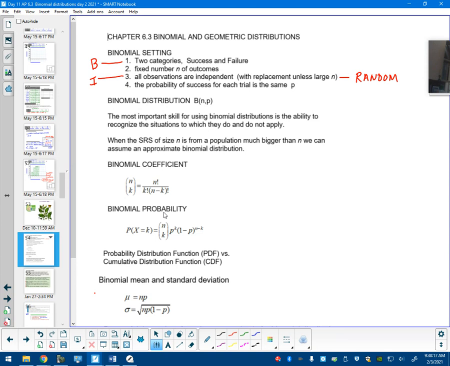Not 100%, but usually. The N is number 2 for fixed number of outcomes. And the S is number 4. Success has to be the same for each trial or each outcome.